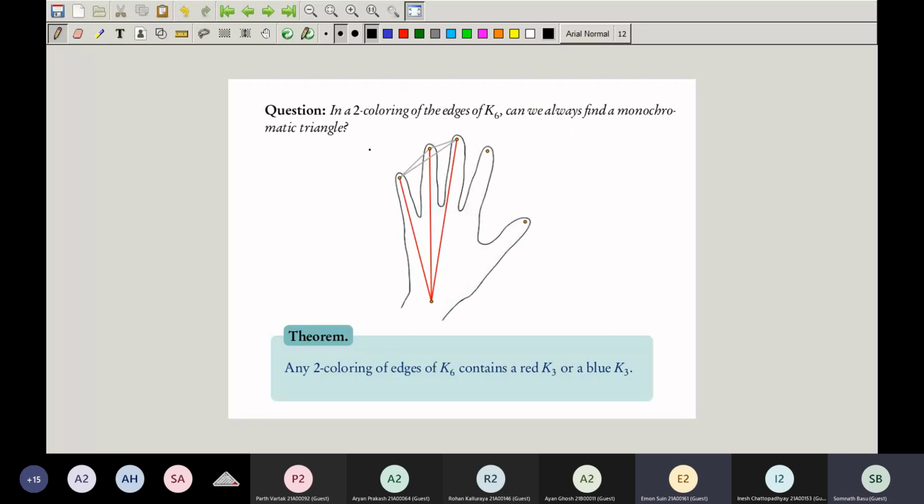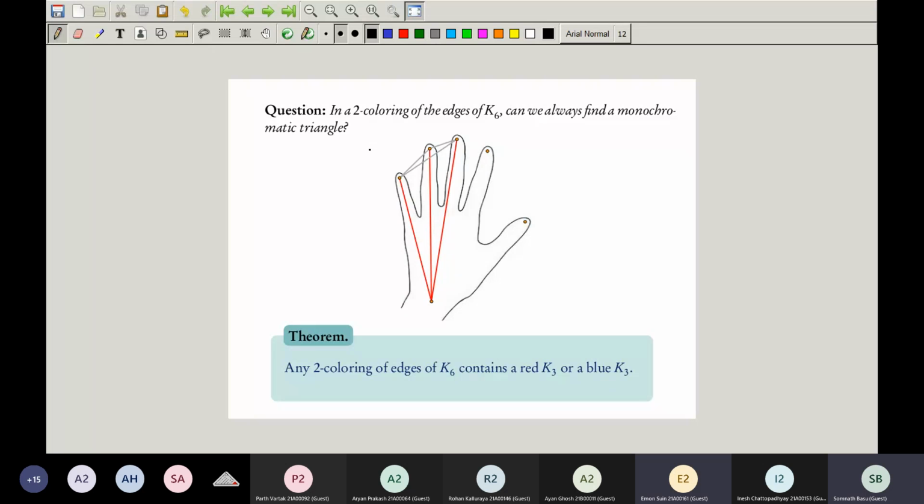I am just arguing: can we prove using the pigeonhole principle that in a K6 graph, each vertex of K6 has at least 3 monochromatic edges? So this implies that in the complete K6 graph, there are at least 24, that is 6 times 4, monochromatic angles.